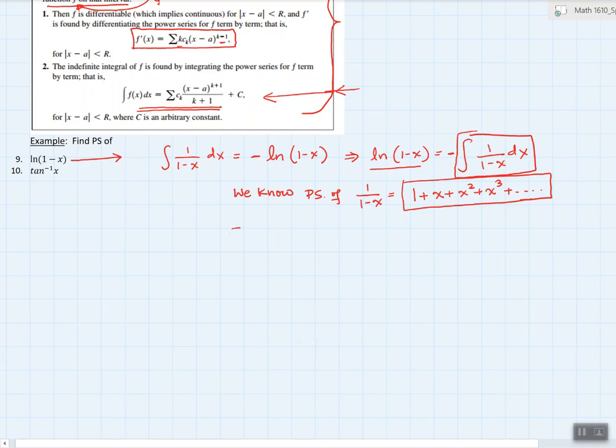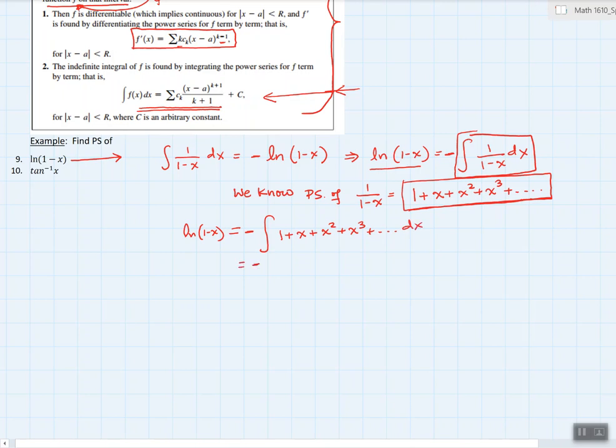So therefore ln of 1 minus x is minus the integral of this function, but this function can be written as a power series, so it becomes the integral of 1 plus x plus x squared plus x cubed, and so on, dx.